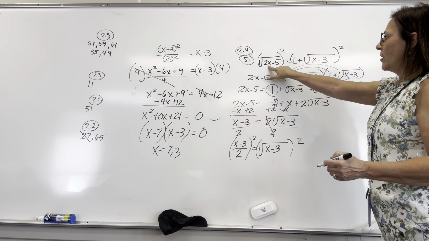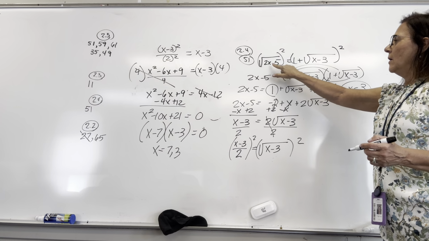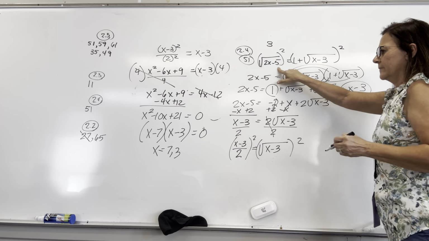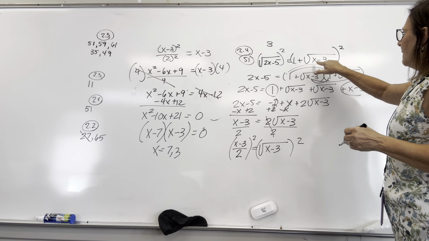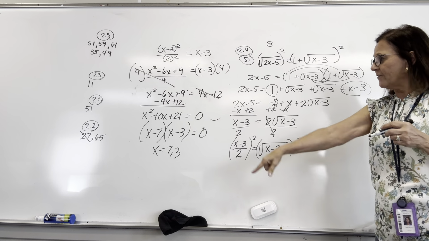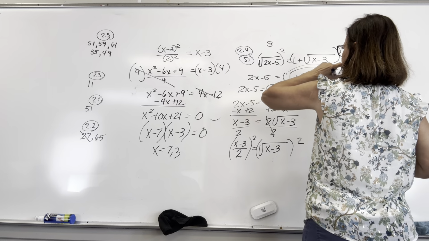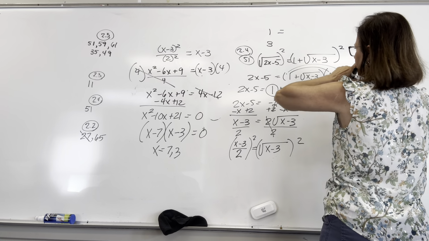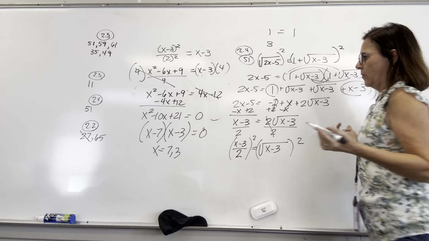So does 7 work? That's 14 minus 5, which is 9. So that's 3. 1 plus 2 is 3. So 7 works. Does 3 work? That's 1 equals 1. They both work.